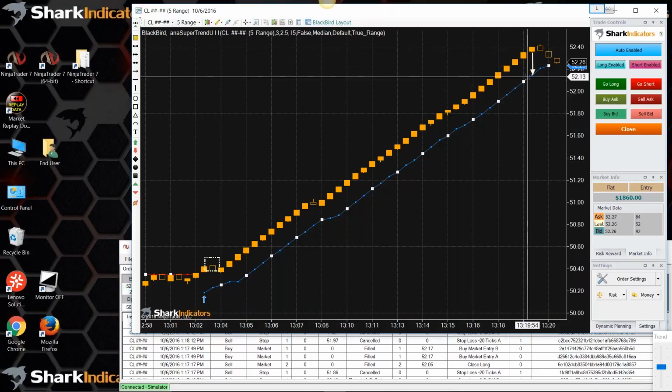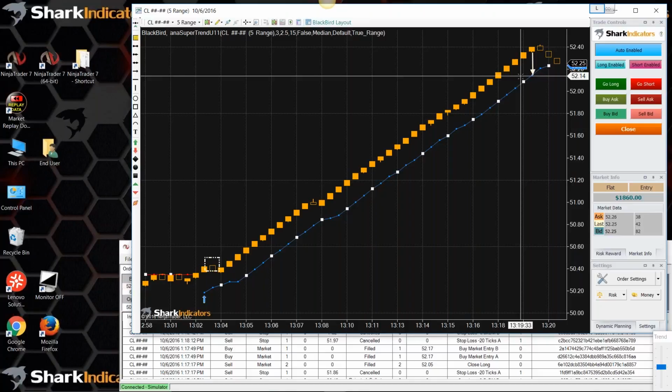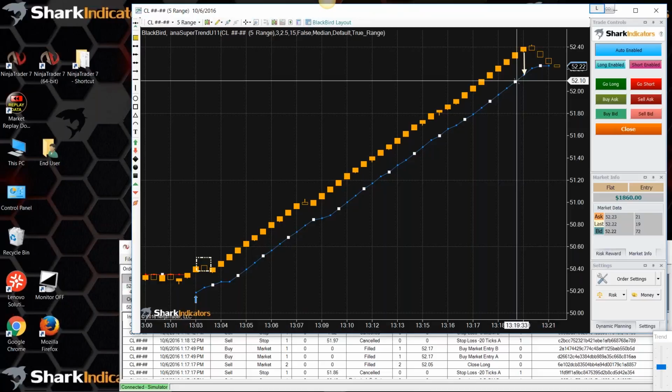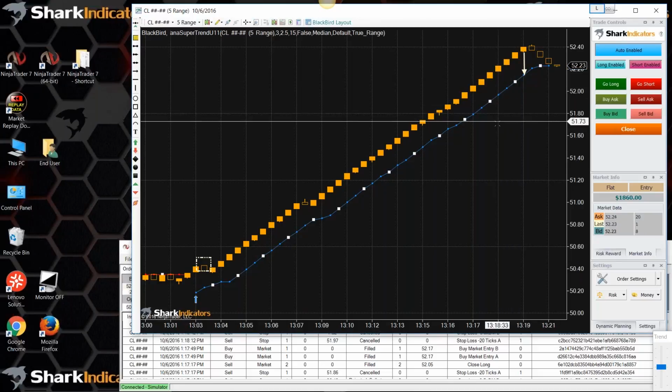If the anaSuperTrend is giving you a long stop loss price, BlackBird is not going to convert your other indicators because they're incorrect. You have to make sure you're using an indicator that's giving you the correct stop loss price. So Bloodhound will not convert your custom indicators to give you the correct stop loss price you want. That's not what Bloodhound's about.